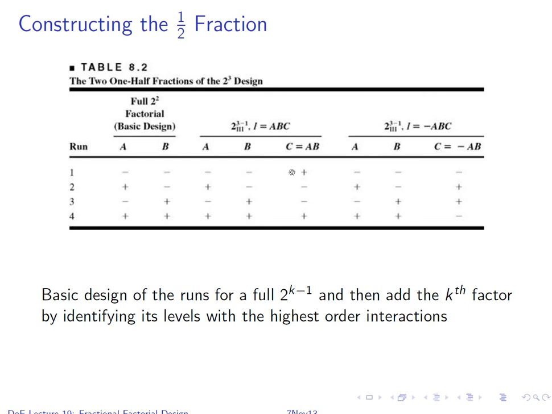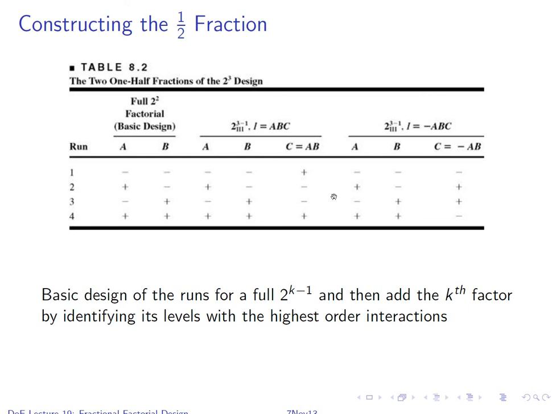So here C is high because A and B are both low, and a negative times a negative gives me a positive. In the intermediate 2 rows, C is negative, that is it is assigned the low level based on the fact that A is high and B is low, or the reverse, so that the product of these two, plus times minus or minus times plus, yields the negative, so that C is assigned a low level, and the last two obviously is the plus.